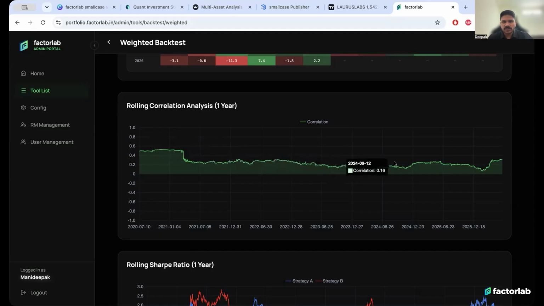So it's in the similar range that we've noticed with, in fact, international indices like Nasdaq 100 and S&P 500. So it's a good idea to also add this to your portfolio, that reduces the drawdowns and volatility of your entire portfolio.